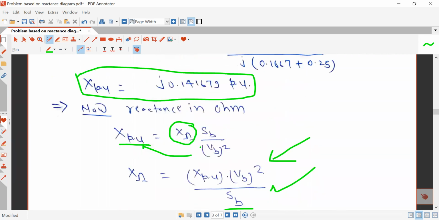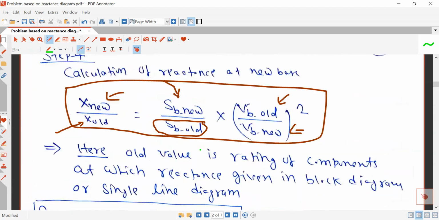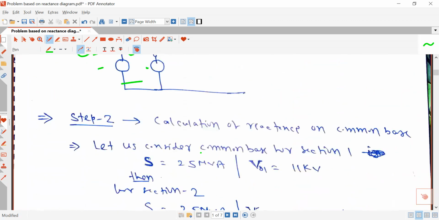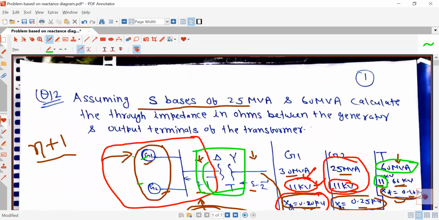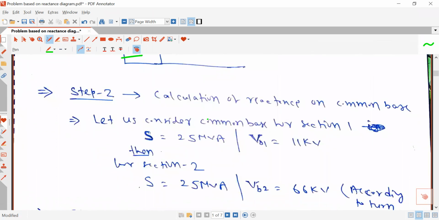Similarly, if you consider a 60 MVA base value, in this problem there are two parts. In one part you have to consider 25 MVA as the base value, and the other question is to again draw the reactance diagram at the base value of 60 MVA. So you can solve this problem in the same way.